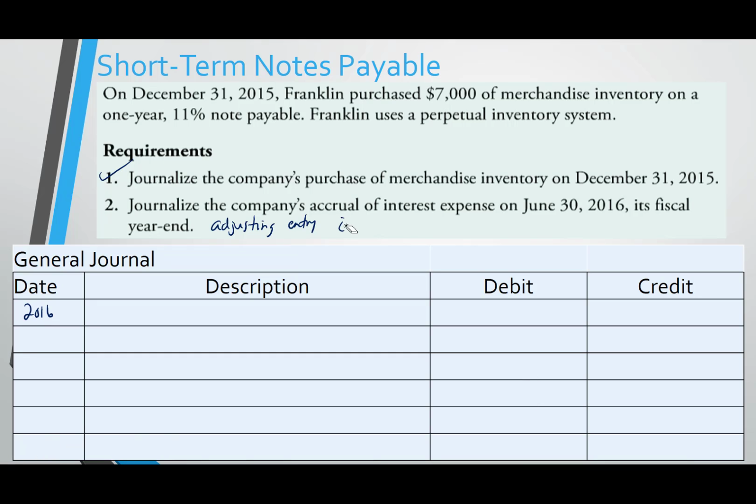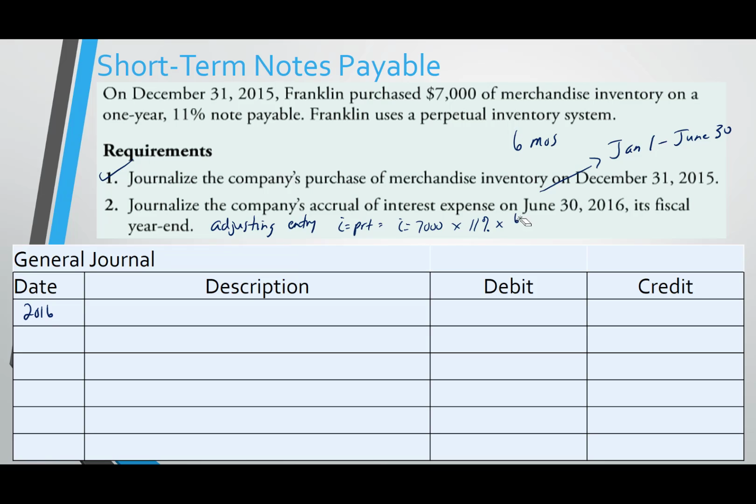So let's do our formula. I equals PRT. We know that the principal is $7,000. We know the rate is 11%. And we know that basically we have 6 months have elapsed, really January 1st all the way through June 30th.